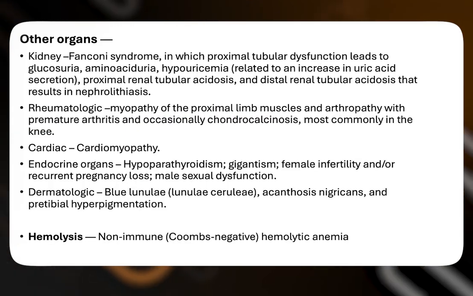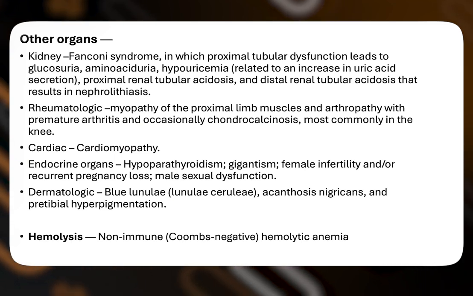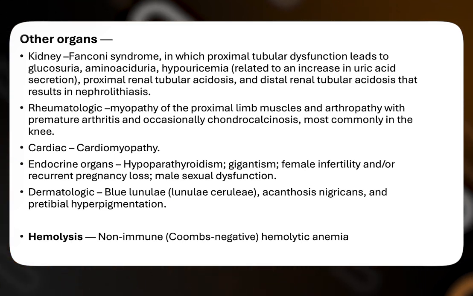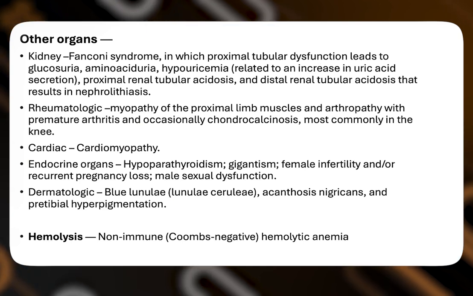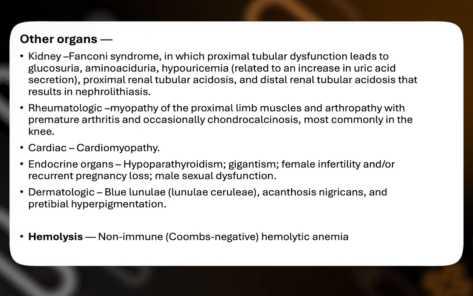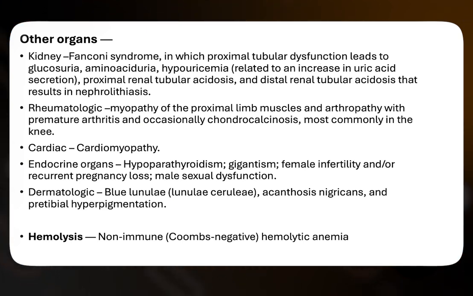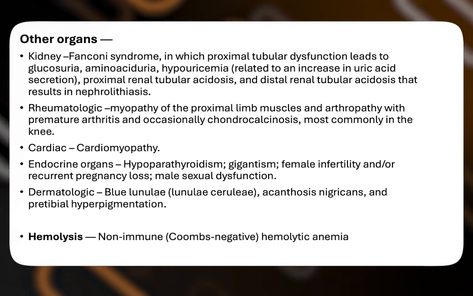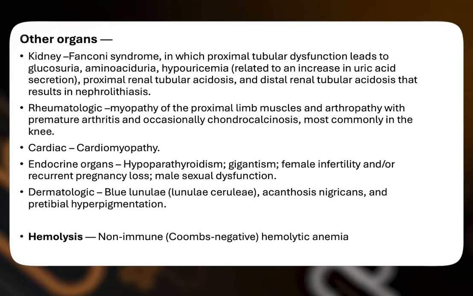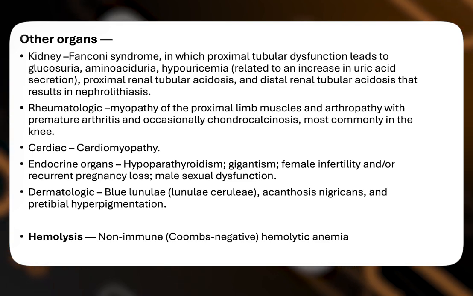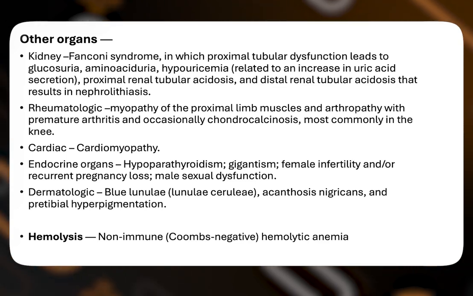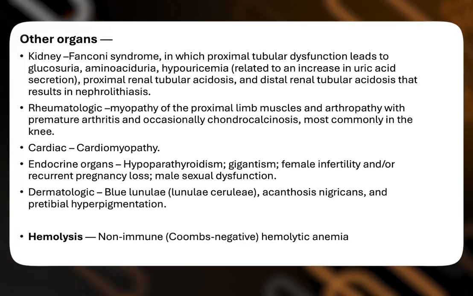As we discussed, the two common organs involved are the liver and the brain, but several other organs can be involved in Wilson's disease. The kidney can cause Fanconi syndrome, which, as you know, leads to proximal tubular dysfunction, then multiple metabolic abnormalities like glycosuria, aminoaciduria, and proximal and distal renal tubular acidosis, which further can cause nephrolithiasis.